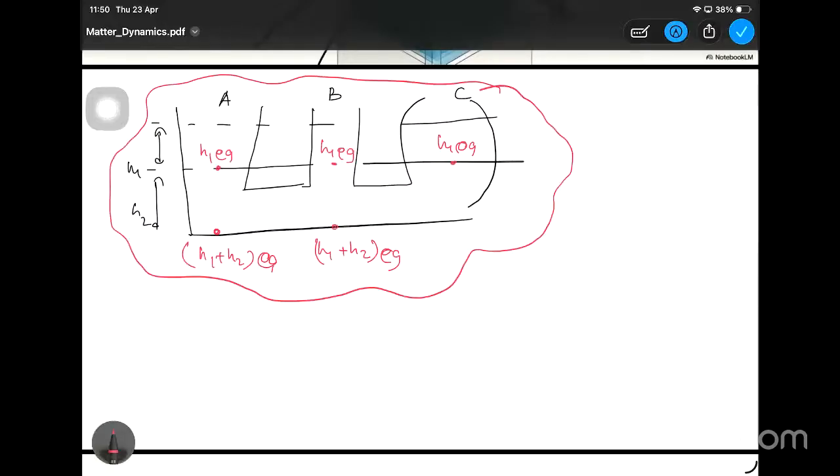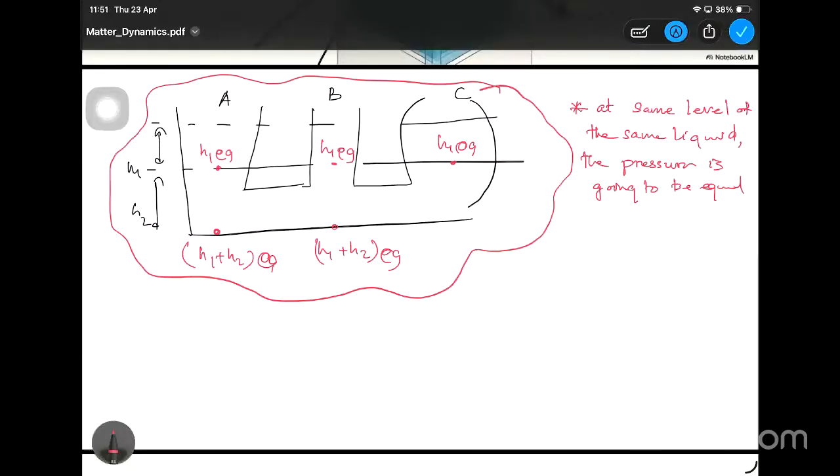So remember this point: at the same level of the same liquid, the pressure is going to be equal to each other.